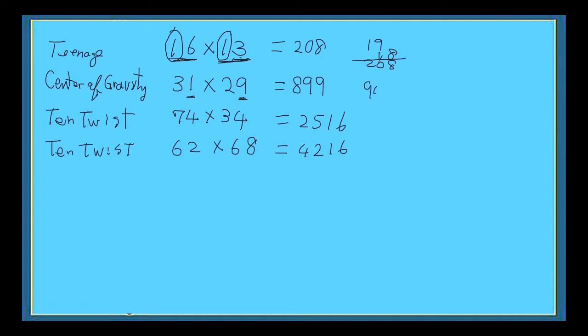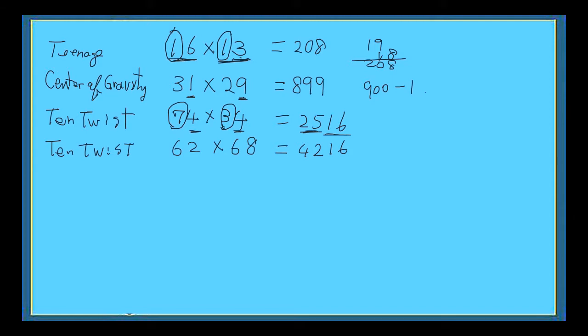Okay? Now, center of gravity is when you have equal distance to the center point, 30. Then it's 900 minus 1. Right? The 10 twist, when you have the same number here and the sum of this number is 10, what happens is you multiply 21 plus 4, 25, and the remaining is 4 times 4, 16.